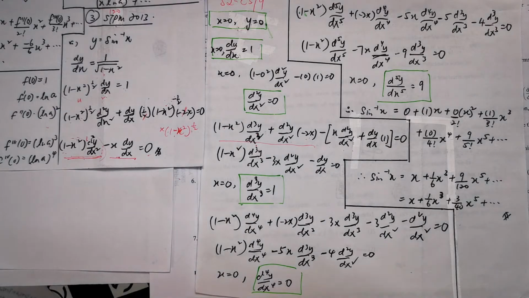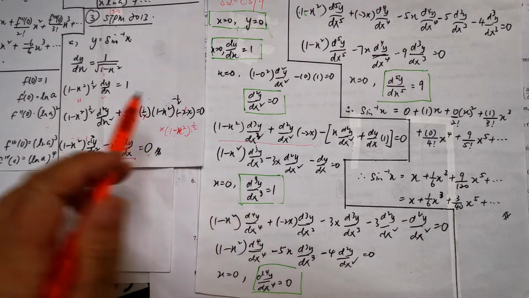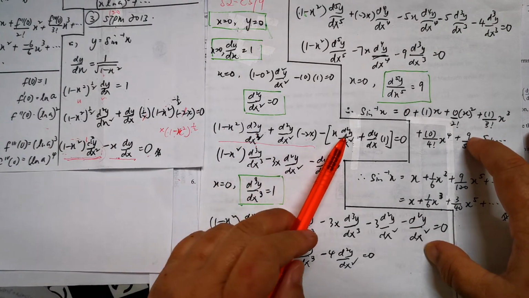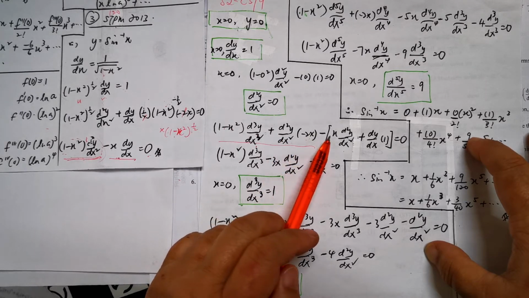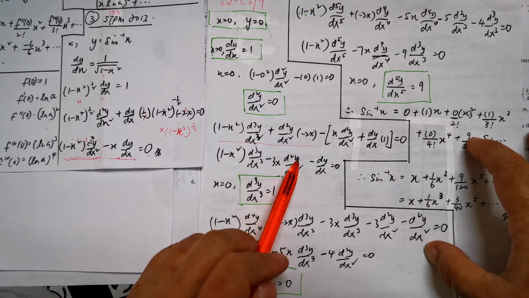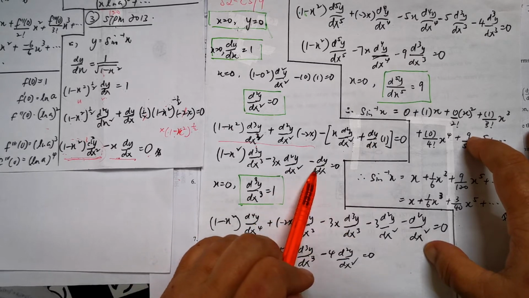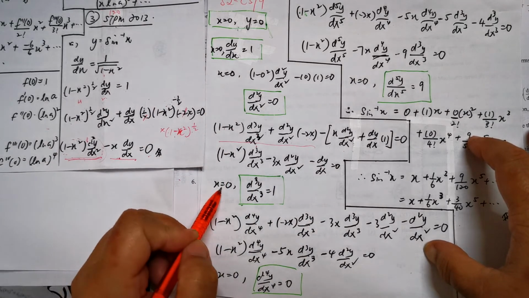Next we simplify first. So you see I have only one d³y/dx³, but I have d²y/dx² here and here. So you have minus 2x minus x, so minus 3x d²y/dx². And you have 1 dy/dx. We write it in the simplest form first. Then sub x equals 0.